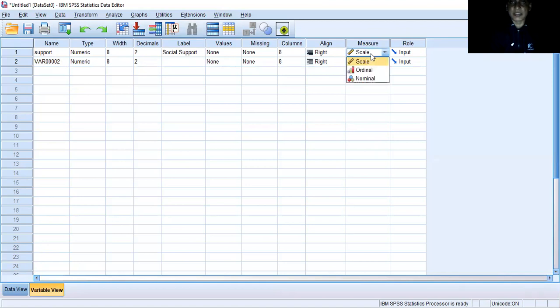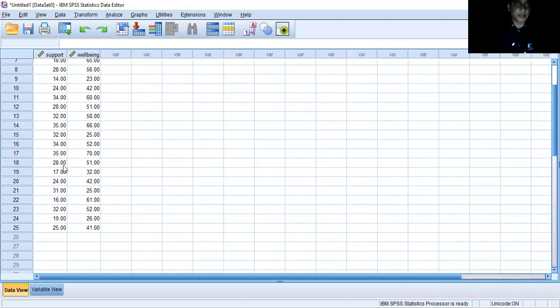And as far as measure is concerned, I'm saying scale. If you look at the second variable, it is well-being. The label is psychological well-being, and the measure is again scale. So if you look at data view, support and well-being are the two variables that we have got.